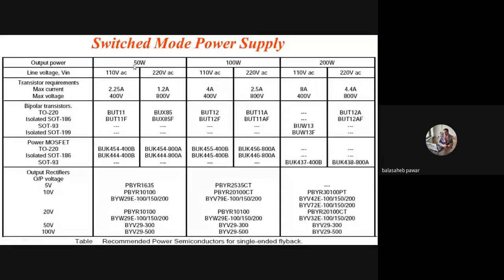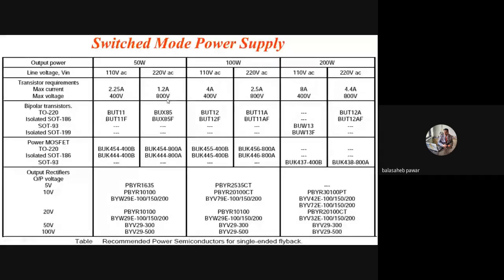The available line voltages are like 110 volt AC with 60 hertz, and another one, which we are using in India, is 220 volt and 50 hertz, right? So if line voltage is 220 volt AC, then for a 50 watt DC load, the transistor requirement, meaning the switching transistor: maximum current should be 1.2 ampere and maximum voltage should be 800 volts.